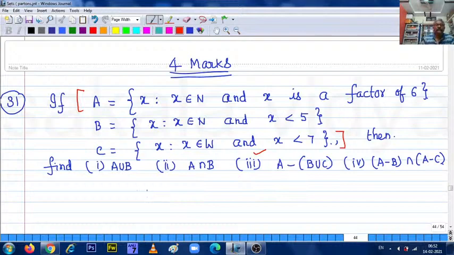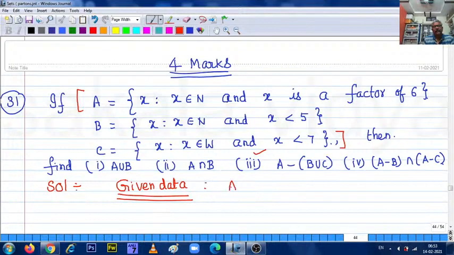So now let us try a solution. In the given data, we can write A equals, in roster form, X is a natural number factor of 6. Factors of 6 means 1, 2, 3.